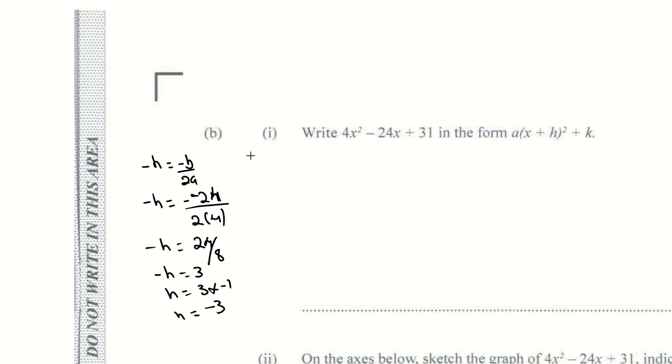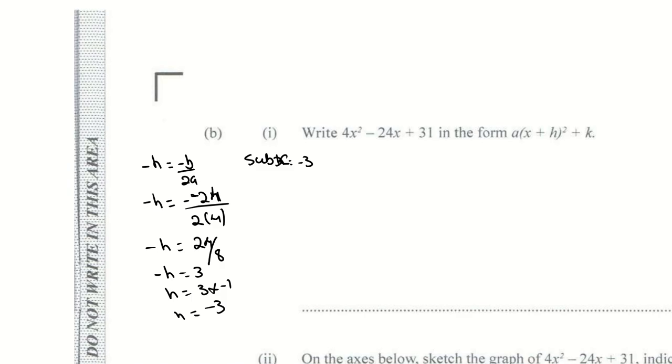Then you substitute h is equal to negative 3, or x is equal to negative 3, into this equation, and you'll get what k is equal to. This is just a smart way if you remember your formula. 4 by minus 3 squared minus 24 by minus 3 plus 31.